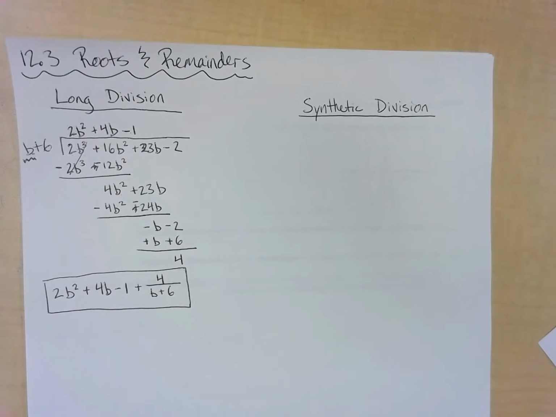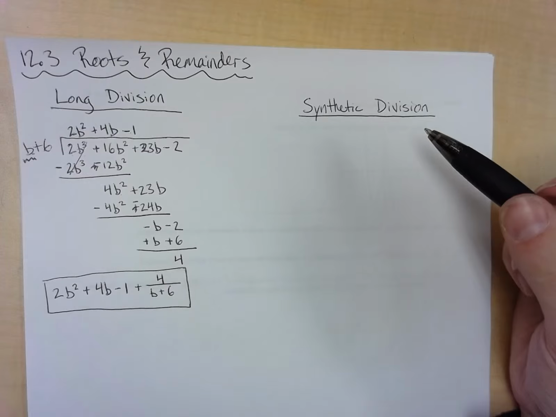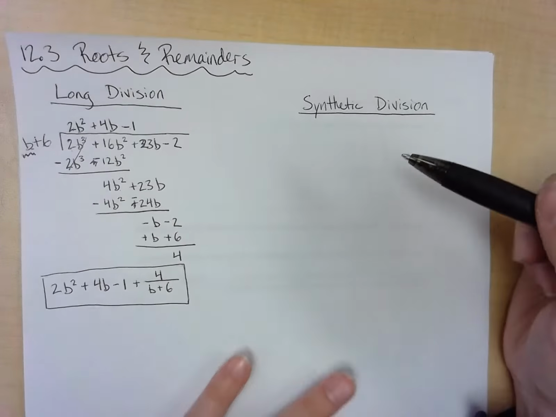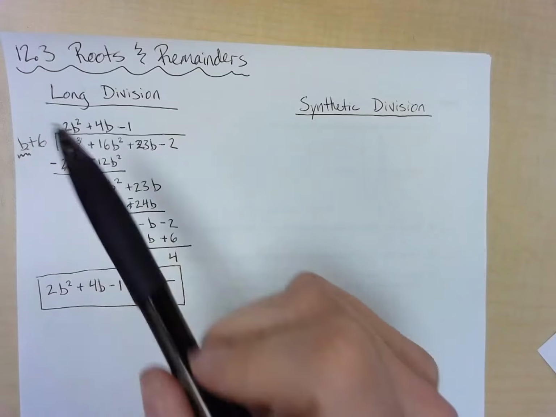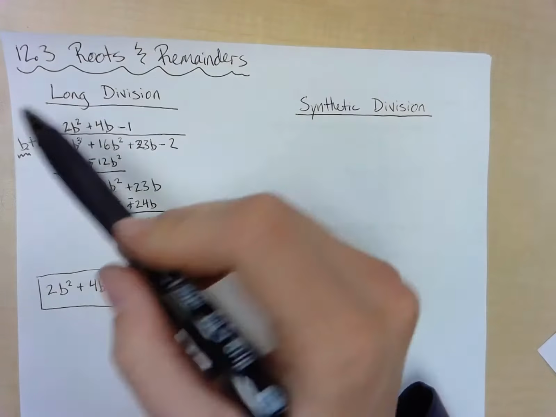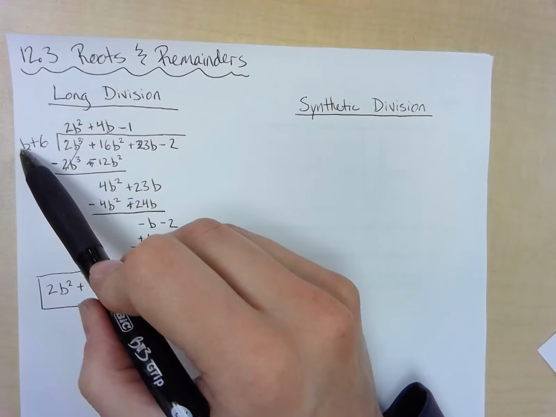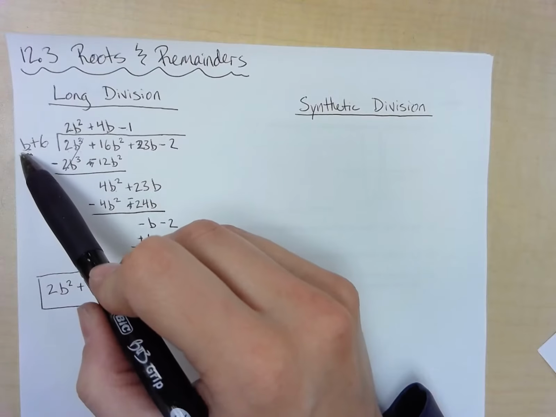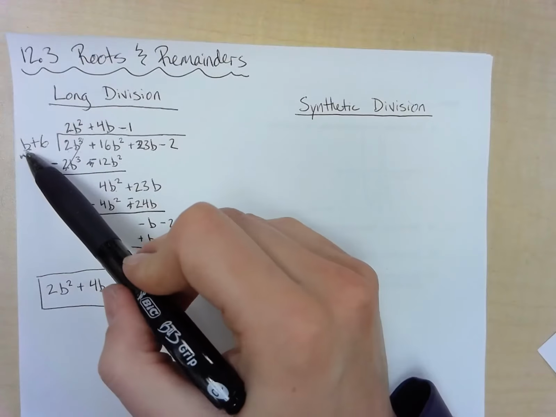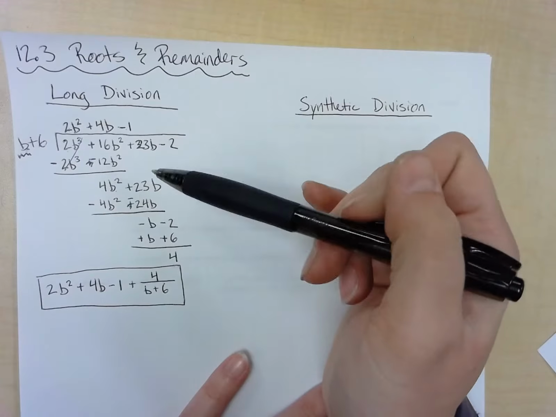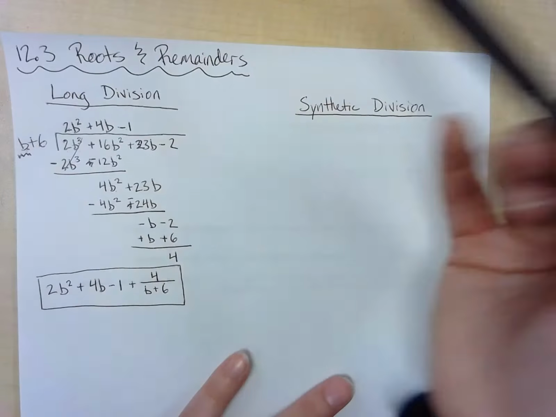Okay, so like we touched on last time, synthetic division deals with the coefficients. Notice how, because the leading coefficient of b plus 6 is just 1, I can just deal with the coefficients every time. Let me phrase that a better way.